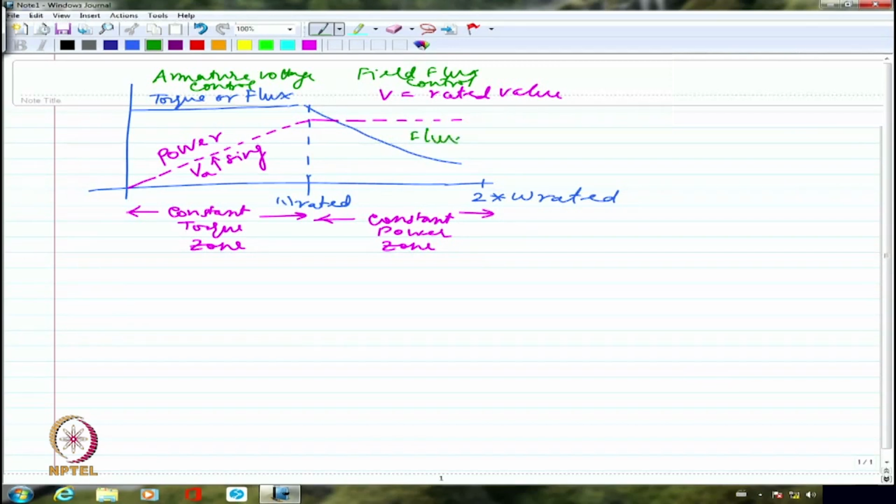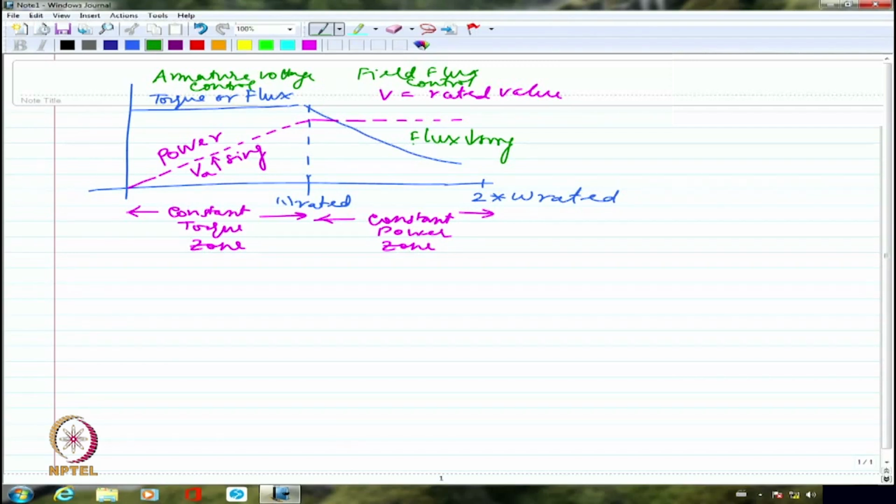Because the flux is decreasing, at some point the armature reaction will take a heavy toll on the main field flux itself. Originally we had been neglecting armature reaction, through and through. We just mentioned armature reaction, but never included it in our calculations.